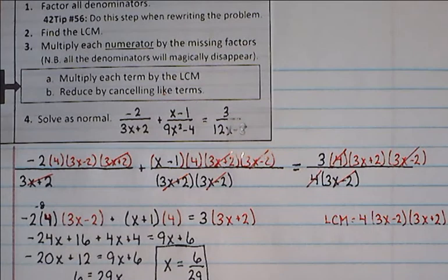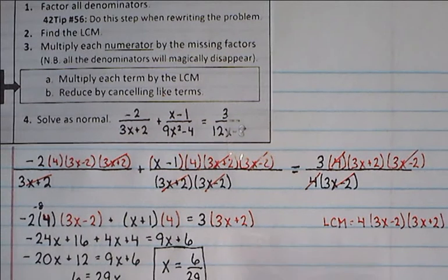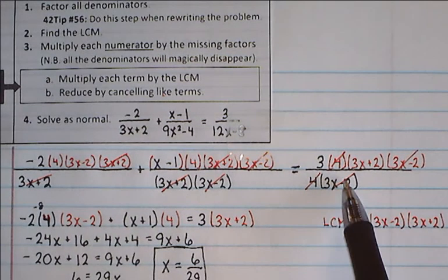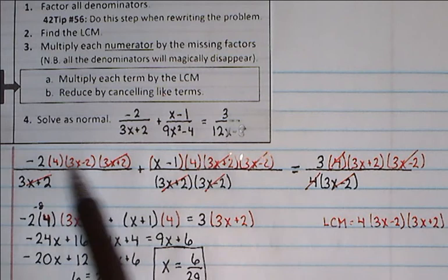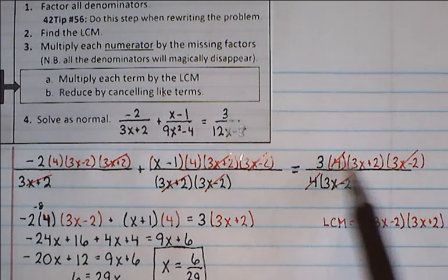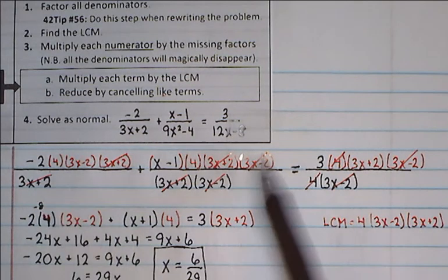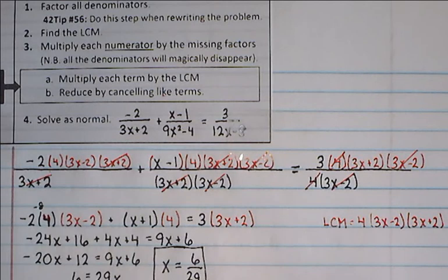So I have solved this equation. And just to review the steps, I factored all of my denominators when I wrote the problem down. I found the LCM. Then I multiplied each term by the LCM. I reduced where I could, and then I was ready to solve as normal.